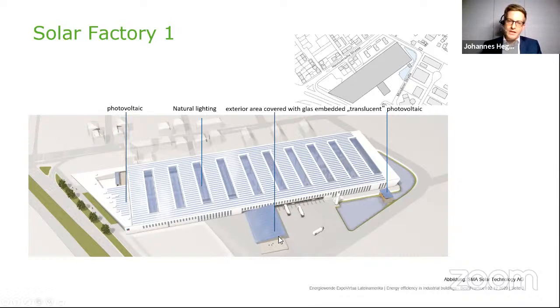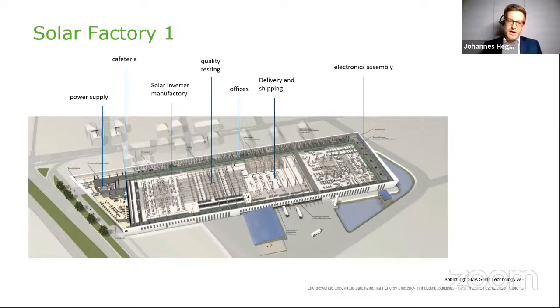And also we clad some exterior spaces for logistical reasons, but these are also covered with glass photovoltaic modules. In the interior, it's around 30,000 square meters, and it is a manufacturing plant here in the front. Then we have a testing facility and a logistical part, and they also do their own electronic assembly.